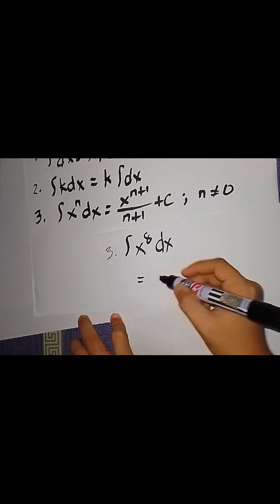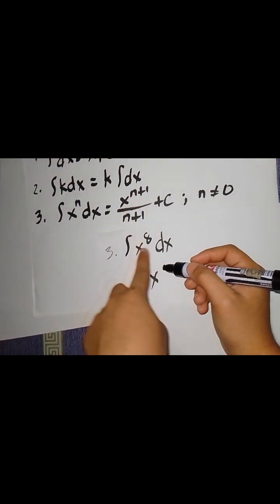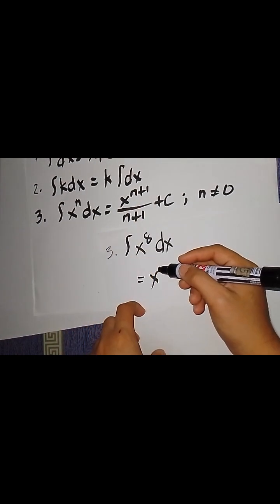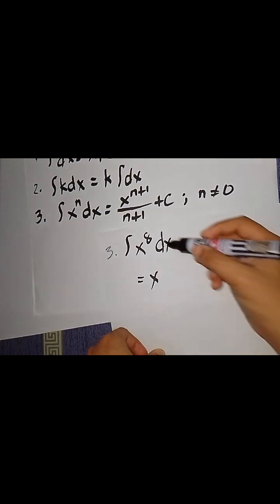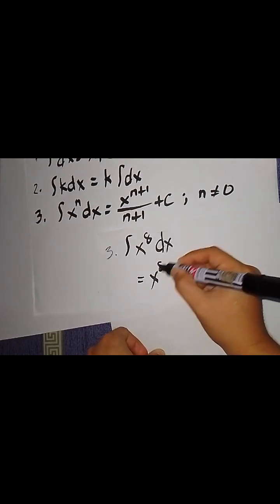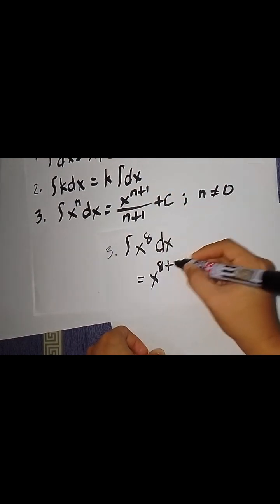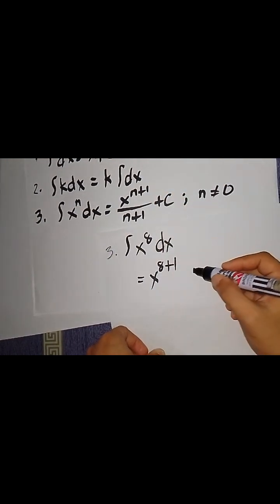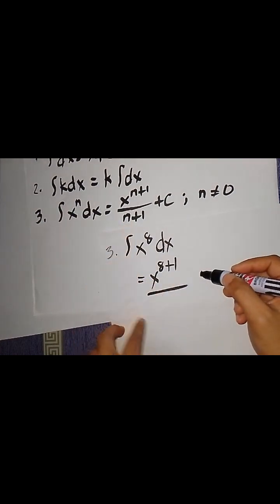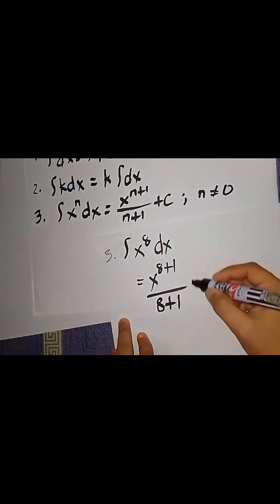The integral of x raised to 8 dx is equal to x raised to n plus 1, where n is the exponent. The n here is equal to 8, so 8 plus 1, all over, and again, 8 plus 1. Then copy the plus c.